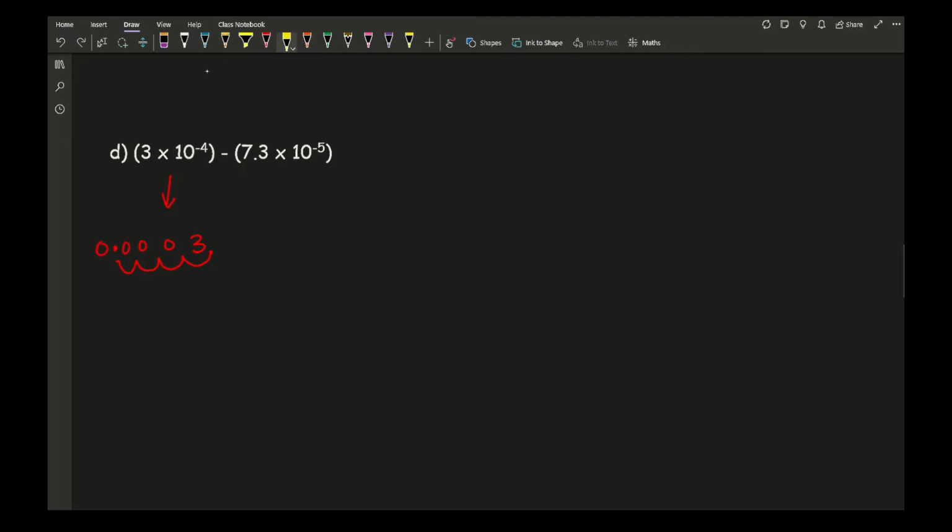Do the exact same with this one here. So here I've got 7.3, and I'm moving it 1, 2, 3, 4, 5. And that gives me a number of 0.000073. And this number here was 0.0003.